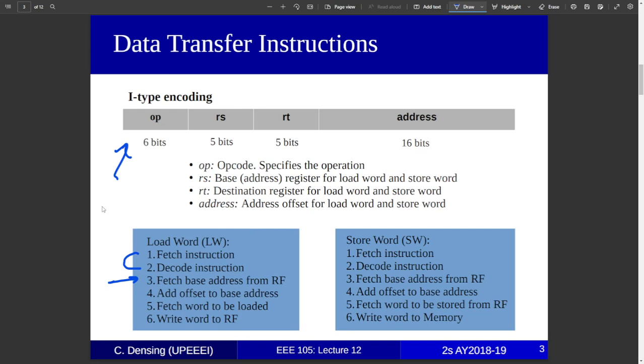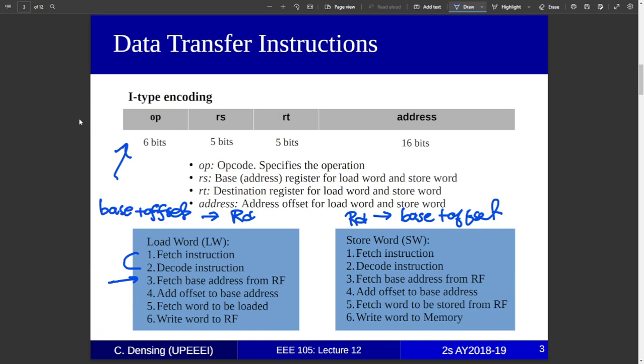So if you remember correctly, for load and store instructions, we take the contents of some address in memory, that is the base plus offset, and then we write that into the destination register. Or alternatively, during store word, we write the destination register into some spot in the memory, which is determined by base plus offset.